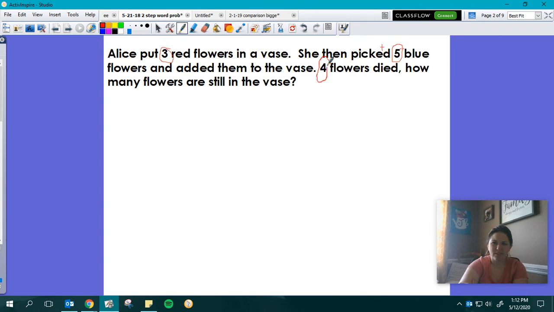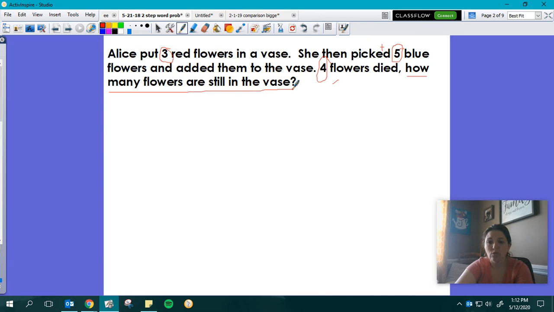That's also important because it's telling us that something happened to some of those flowers. And if they died, that means that she's going to pull them out of the vase. Nobody wants dead flowers sitting in their vase. So we're going to make sure that we take away at that point. And our question we're looking for is how many flowers are still in the vase.